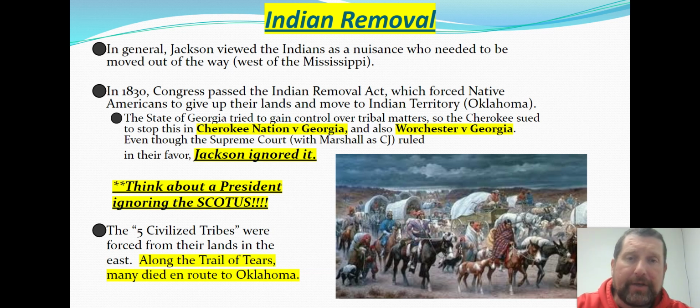Now, this gets really interesting because here is Jackson, right, a Democrat in the South, and a common man, not in line with Federalist Party thinking, or the Republicans as they are now.